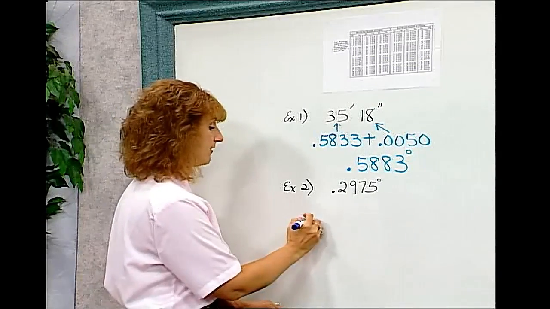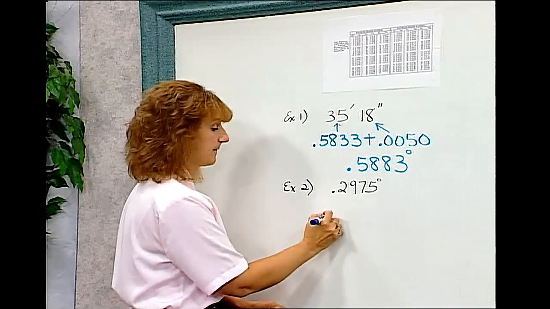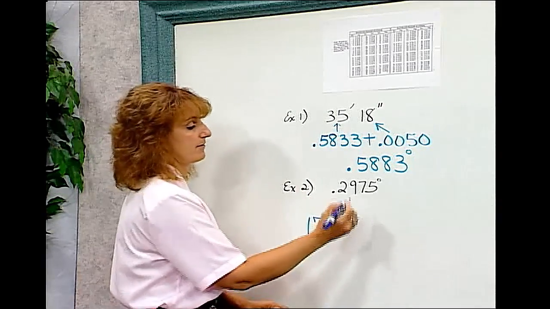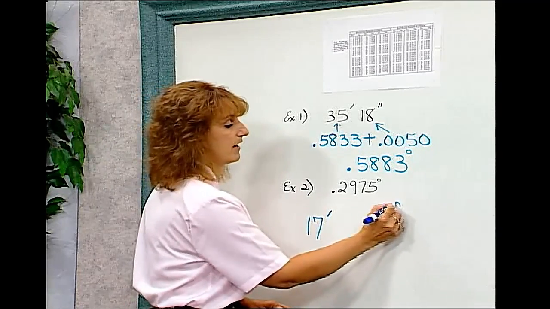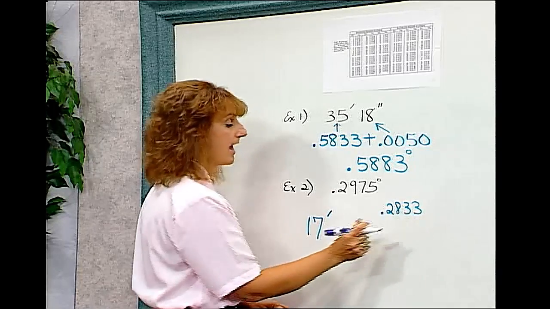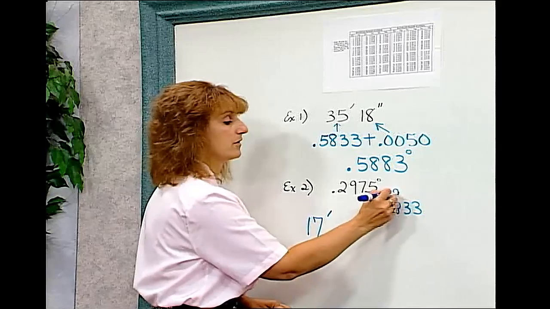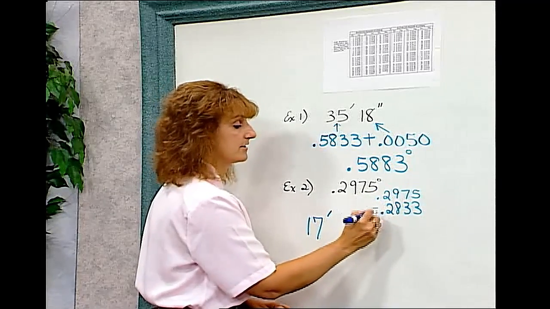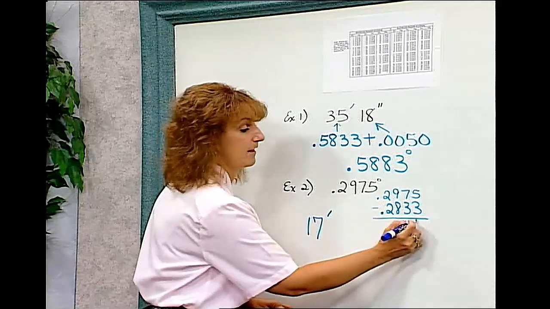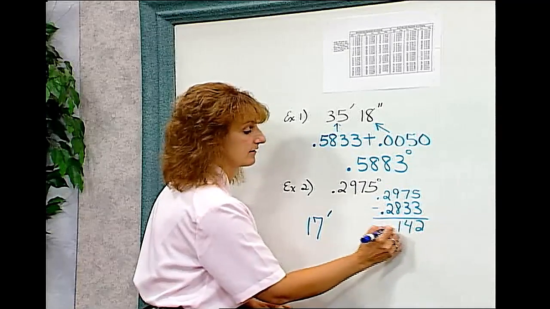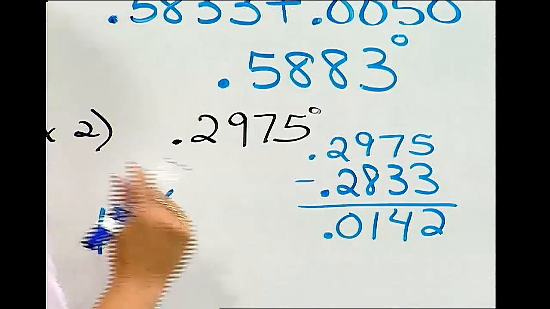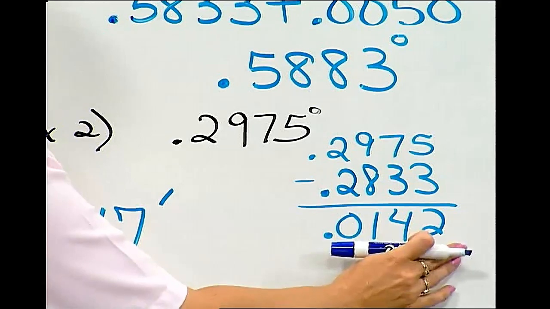So I'm going to write down 17 minutes, but I also have to remember that it was 0.2833. And I'm going to subtract that from the 0.2975 to see what's left. So when I subtract, I get 0.0142.